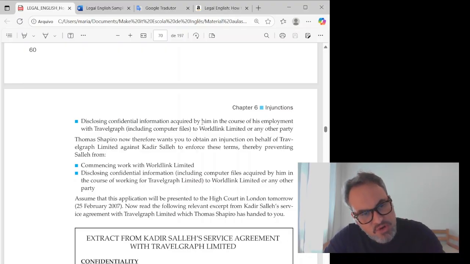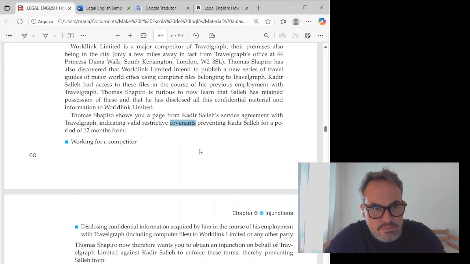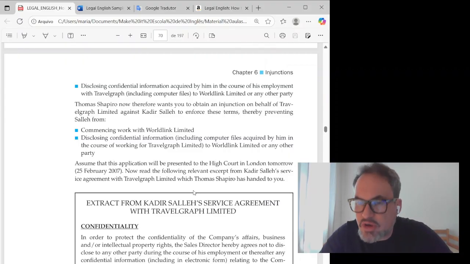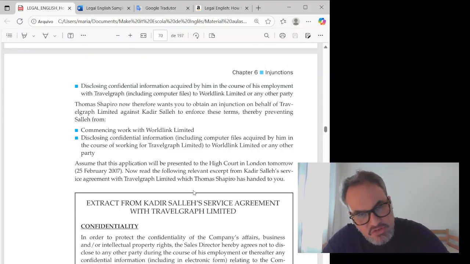And preventing him from disclosing confidential information, including computer files acquired by him in the course of working for Travel Graph Limited to WorldLink Limited or any other party.